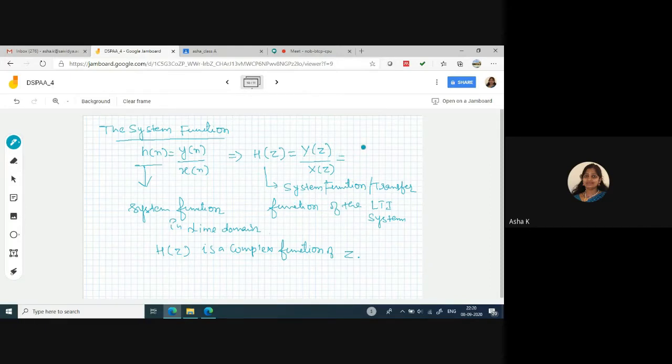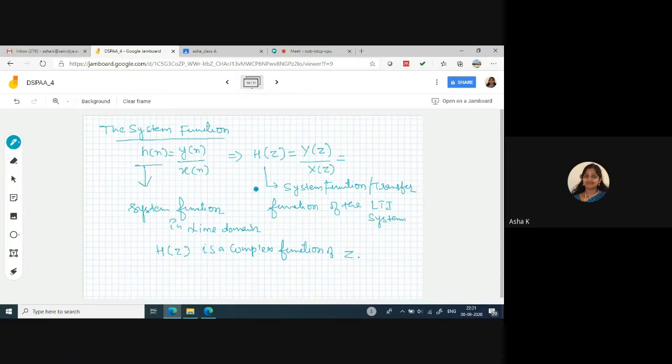So this is your numerator and this is your denominator. The location of the poles and zeros leads us to determine the frequency response of the system.